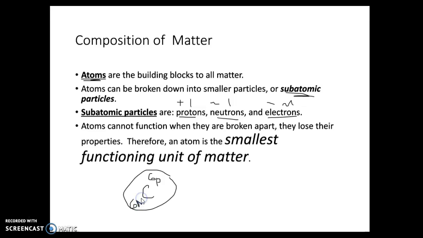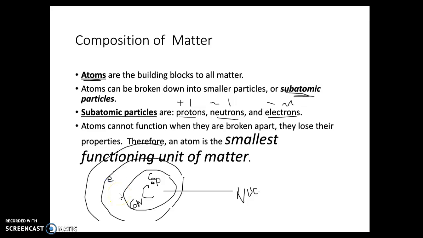And then the electrons are hanging out in this area outside of the nucleus. So this right here is the nucleus, which I'm going to abbreviate NUC, which has an overwhelmingly positive charge. And then in these orbitals on the outside here exist the electrons.